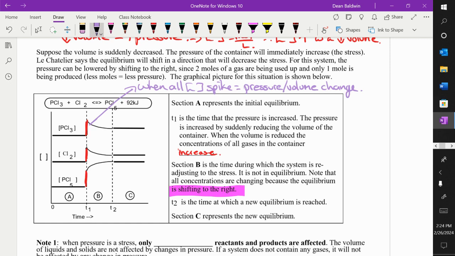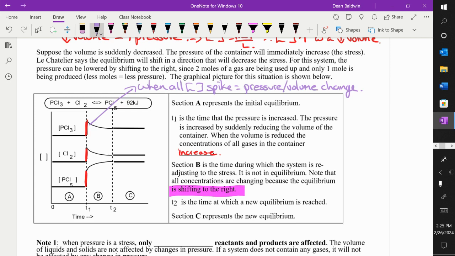Because that's a good test question. I can give you a graph, I can draw something like this, and I say, what did you do to the system? If everything is spiking, it's usually an indication that there's a pressure or a volume change. And then everything levels out. We reach a new equilibrium once it stabilizes.